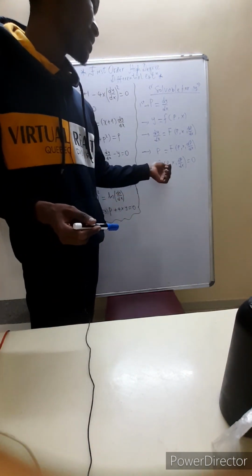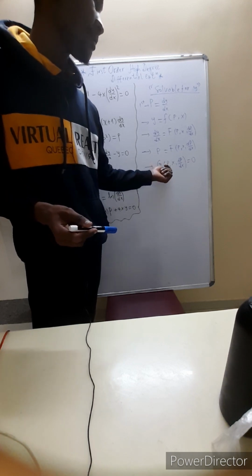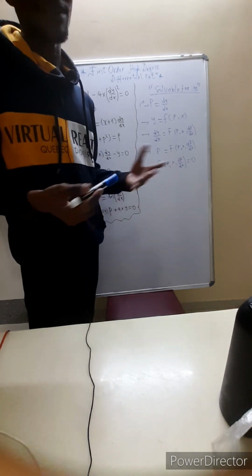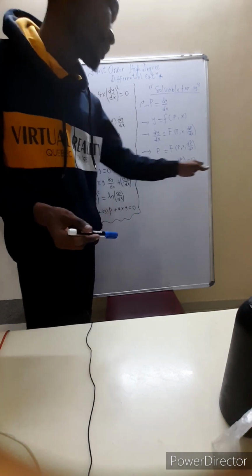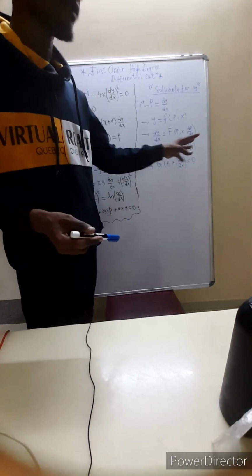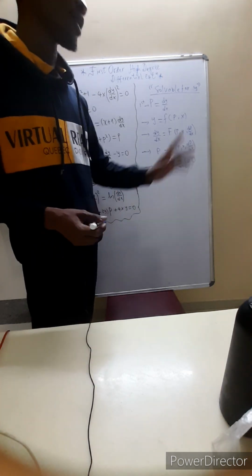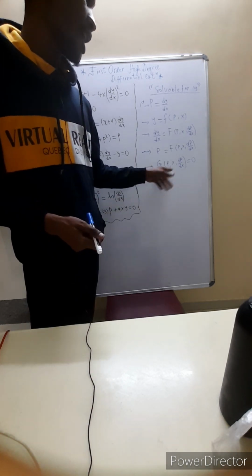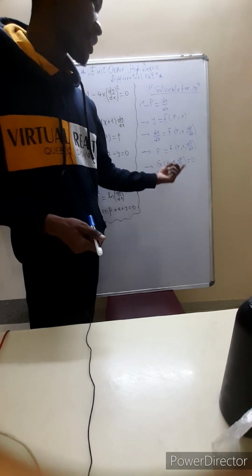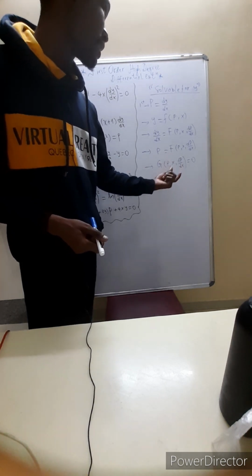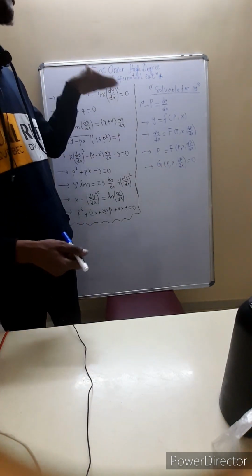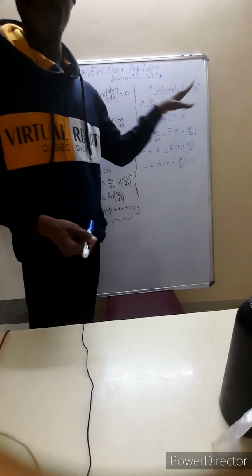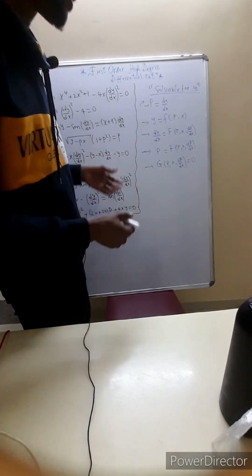From here you can directly find what your p is. Sometimes there's no need to find this differential equation directly. You just have to find your p, and whatever p you get, substitute it in the main equation that they gave you.